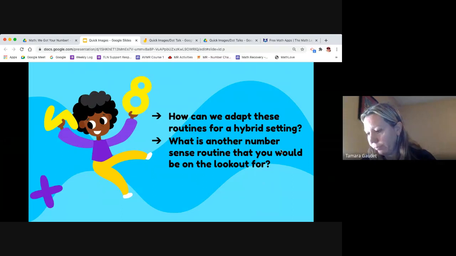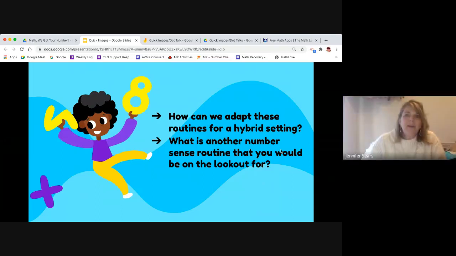Yeah, I was thinking about having them send some of this stuff home and playing sort of like a memory game with it, similar to memory or concentration, where you could have spatial patterns. You might have dots on the 10 frame or the 5 frame, or you could even have finger patterns.